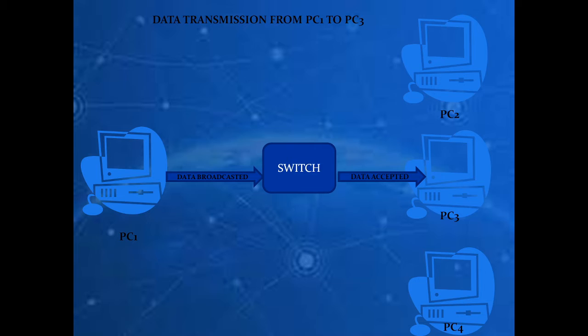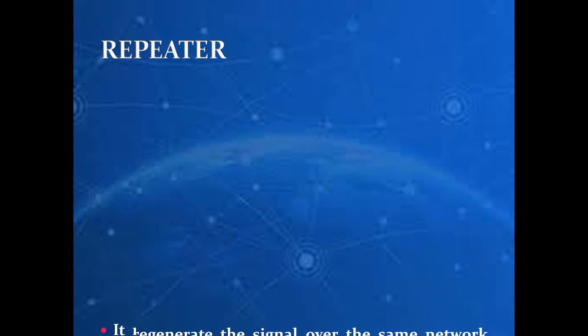And in case of hub, there is no data or traffic filtering, but in case of switch there is traffic filtering, because the data is sent to the correct device only, not to the rest of the devices. Okay, so I hope you have understood how switch is different from the hub.